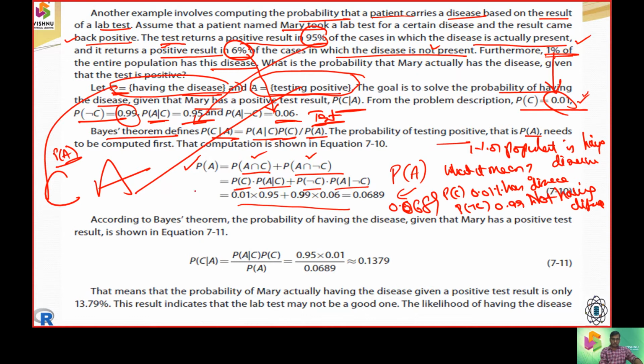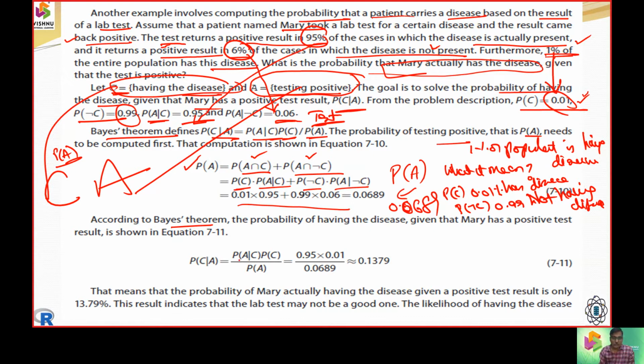The next thing is to work with the Bayesian probability to estimate for the patient called Mary. So this is the question: what is the probability of Mary actually having the disease? This is the answer we have to solve.